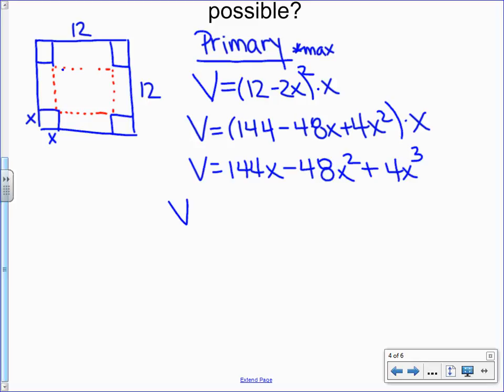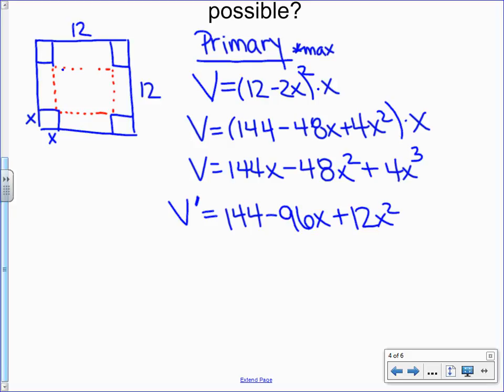What is the derivative of our volume? 144 minus 96x plus 12x squared. Great.